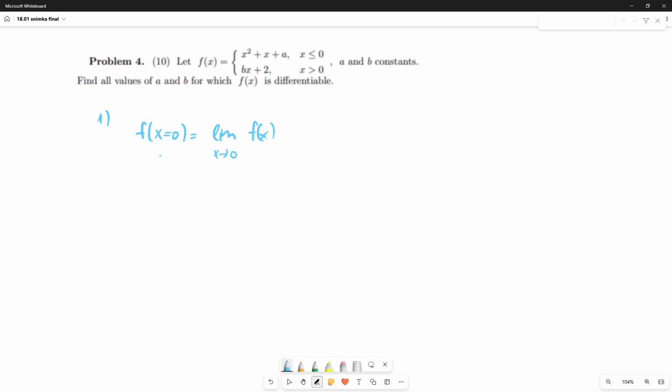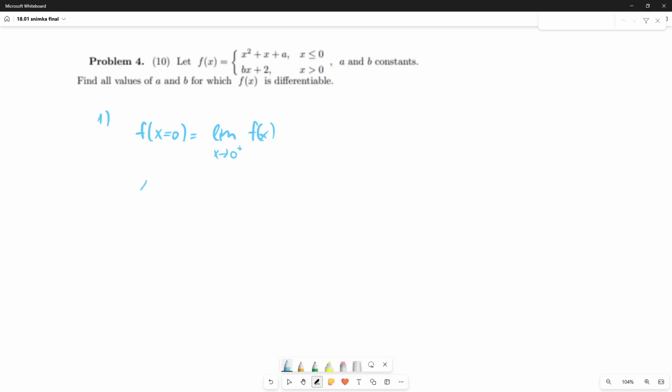This limit is actually the right-hand side limit, so x goes to 0 from the right-hand side, because the limit defines the value of the function as x approaches 0 from the right-hand side, while the exact value of the function at x is equal to 0 is defined by this left-hand side expression.